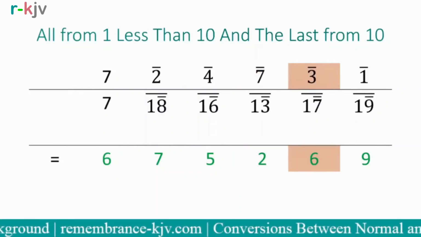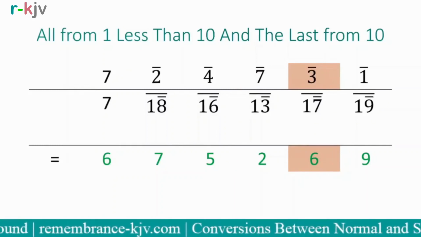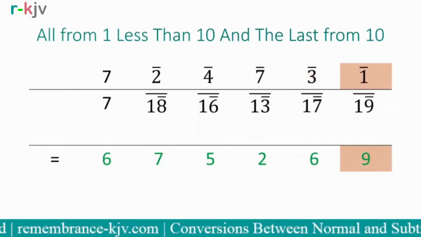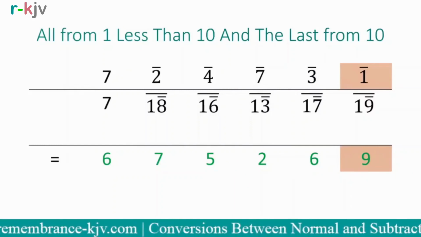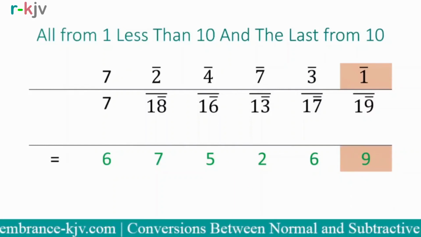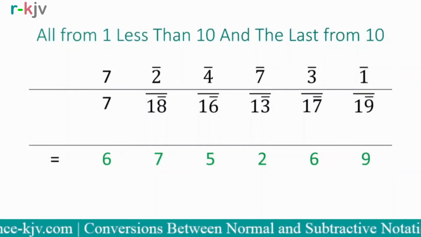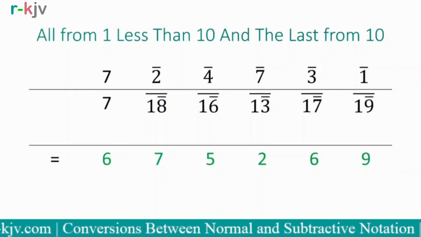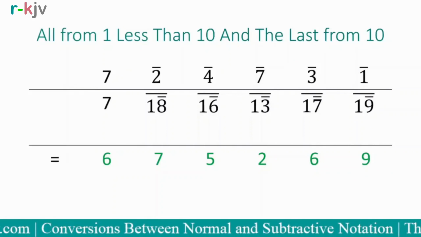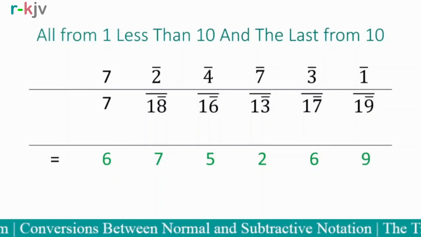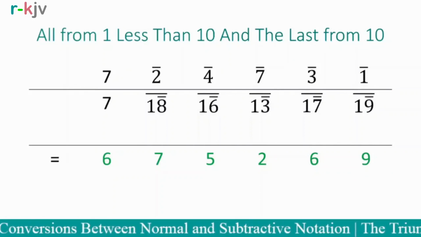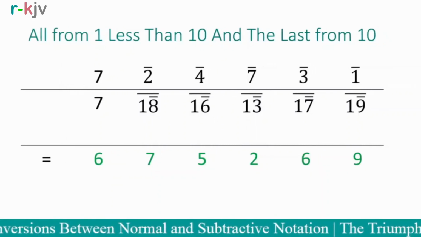This 6 below is 9 less the 3 under the vinculum above. And lastly, this 9 below is 10 less the 1 under the vinculum above. This conversion from subtractive notation to normal notation also respects the sutra, all from 9 and the last from 10.